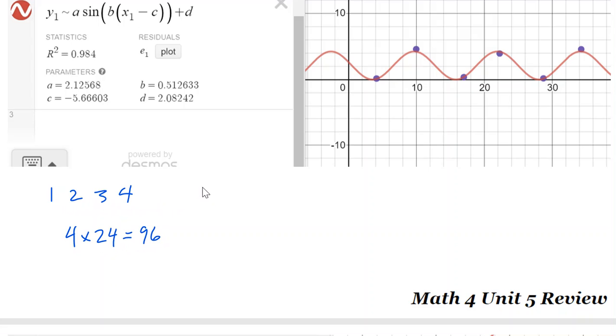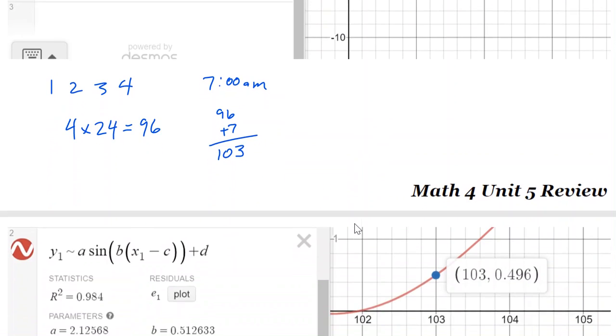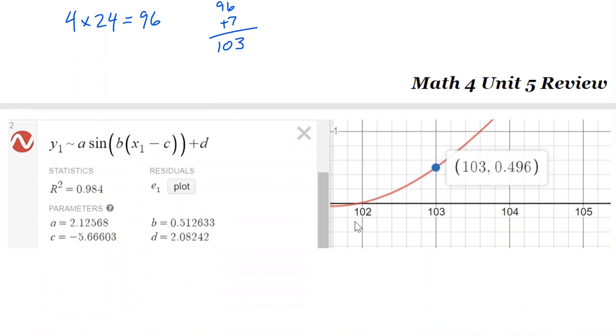But now you're in December 5th at 7 a.m. So that's going to be 96 plus another 7 hours. That's 103 hours after you started this graph. So what you are looking for is where X is 103. And when you find that, you discover that the height should be about 0.5. Most of these readings were to 2 decimal places.